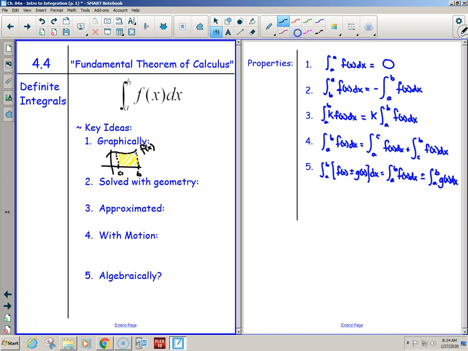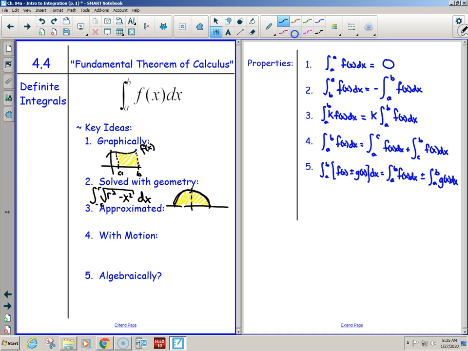Number 2, solve with geometry if that area happens. And I'm going to do the most common one, that's the trickiest one. If that area just happens to look geometric, which they're not going to give you the picture. That's something just like we modeled. You're going to have to figure out by drawing out what you see. This one is the trickiest one, and this one is the square root of r squared minus x squared dx.